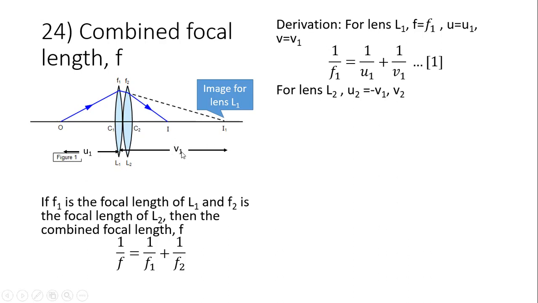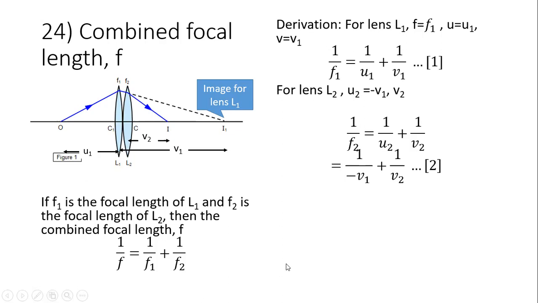U2 is now minus V1, and this is your V2. Apply the lens formula: 1 over F2 equals 1 over U2 plus 1 over V2. Then replace your U2 with minus V1, and you get this equation.